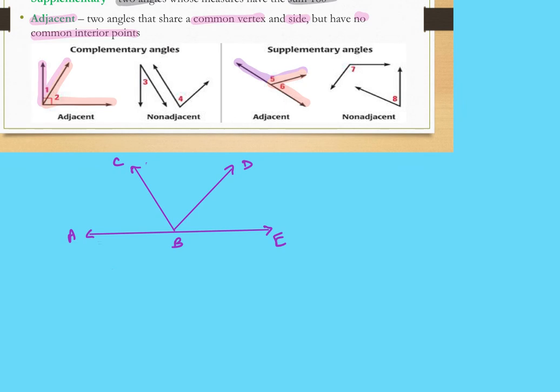So angle ABD is not adjacent to EBC because they overlap. Non-adjacent or not adjacent, you could say either. So those can't be adjacent because they overlap.